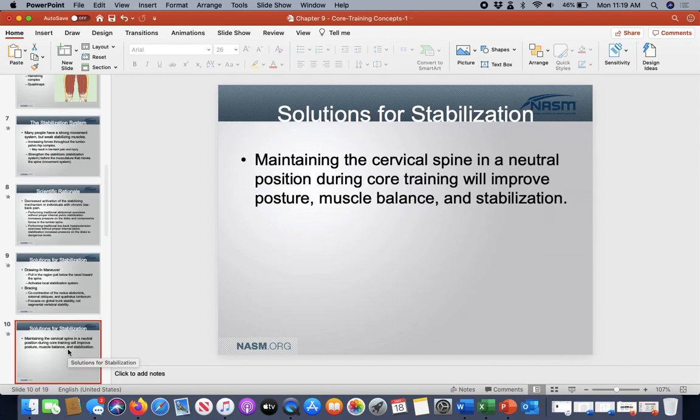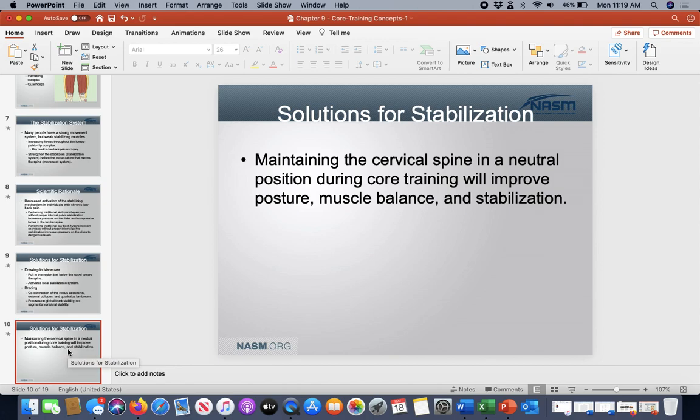All right. So what are we trying to do here? Like it says here, for stabilization, we want to maintain the cervical spine in a neutral position. A perfect example is someone doing a sit up. They start getting their hands behind their head, which is fine if you can handle it, but typically people who start getting fatigued will start pulling on the head.